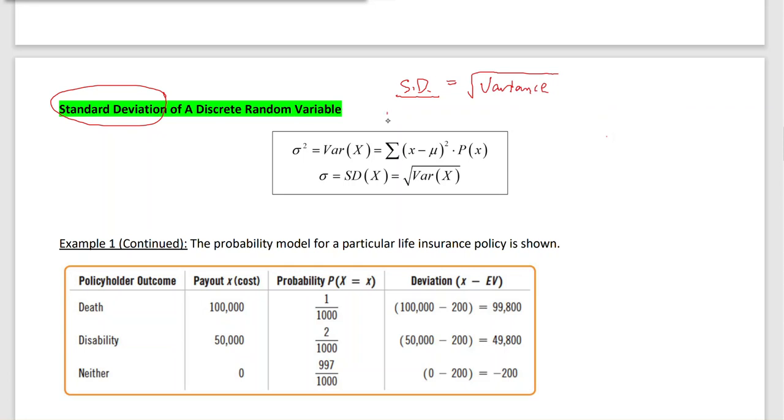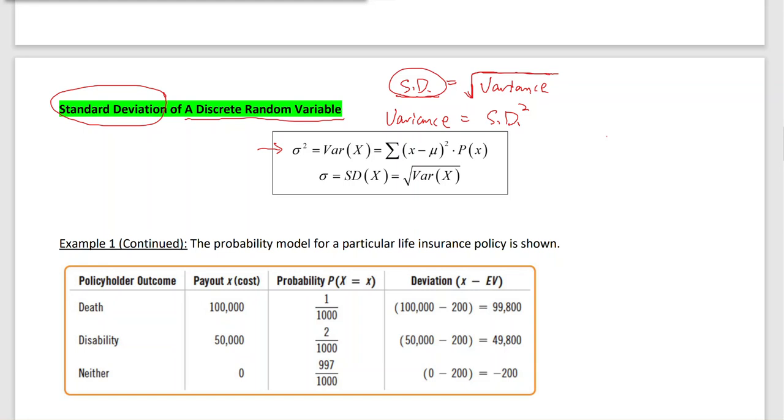Or we can say the variance equals the standard deviation squared. So what is the standard deviation for a discrete random variable? This is the formula of the variance. Once we have the variance, we can take the square root of the variance to get the standard deviation.